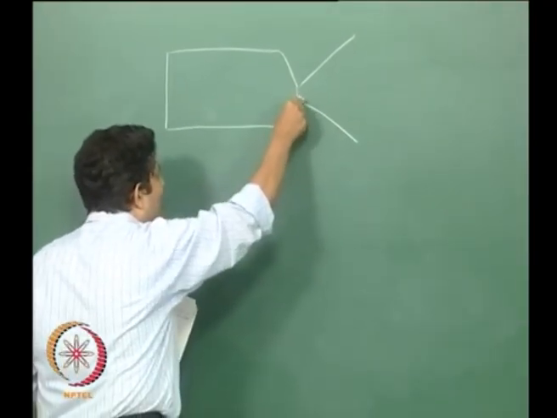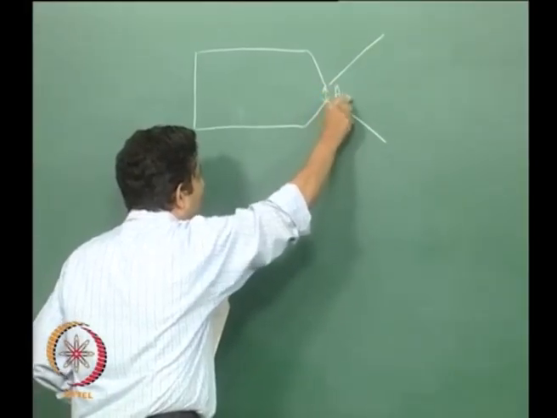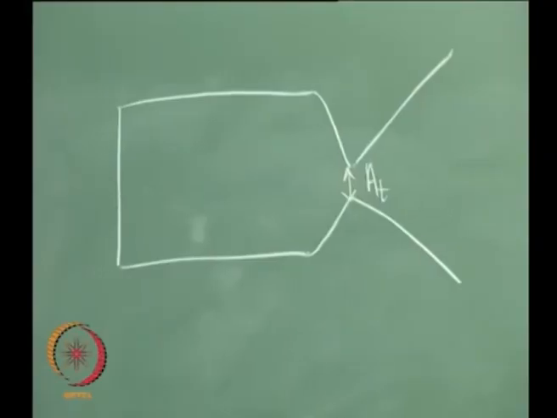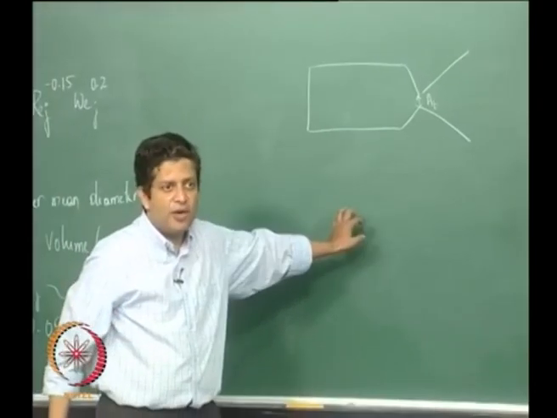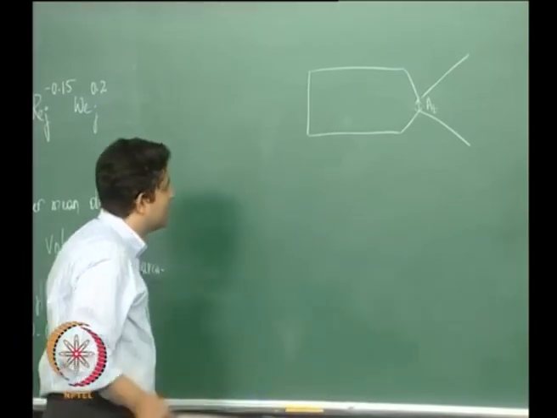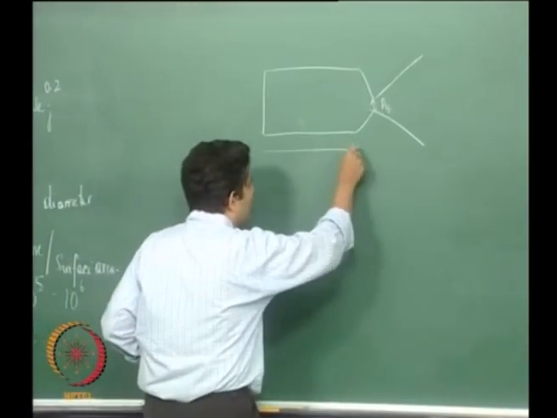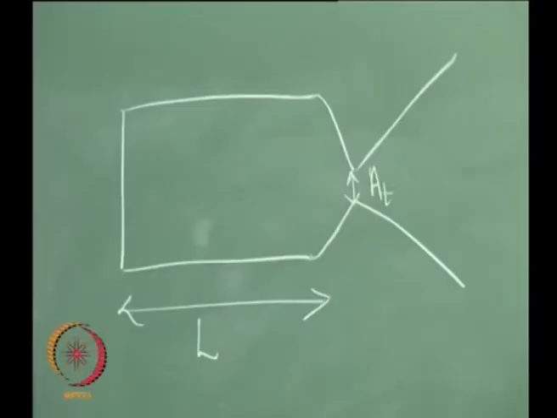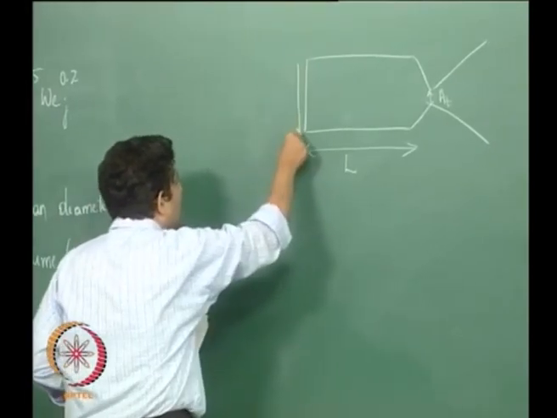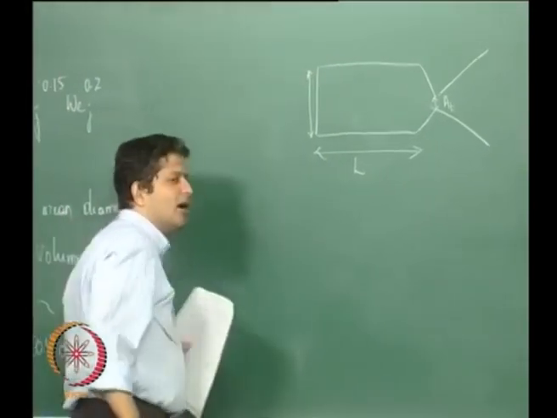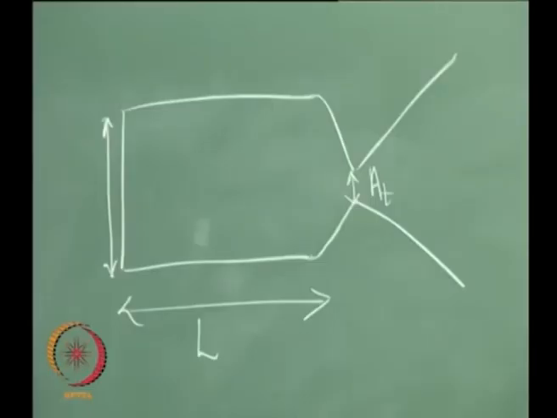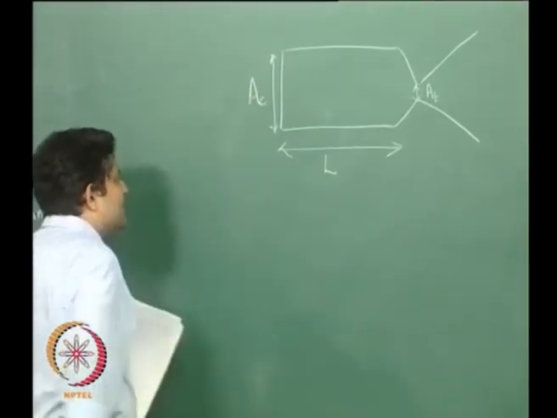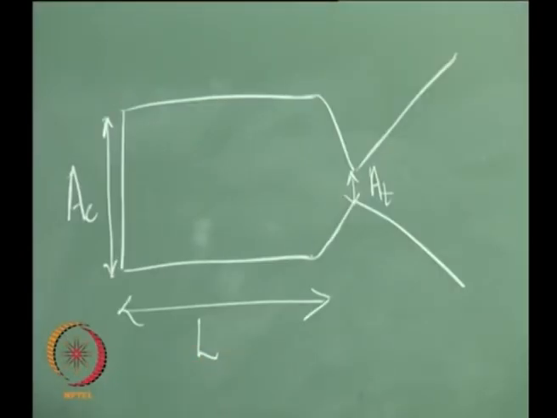If you remember AT, right, AT we had got from what considerations? Thrust and mass flow rate considerations, right. This is fixed. Then what we are left with is how to design this length of the motor and what should be the cross sectional area of the motor or the engine in this case. So this is AC and this is length.